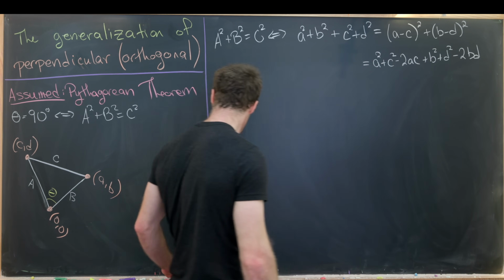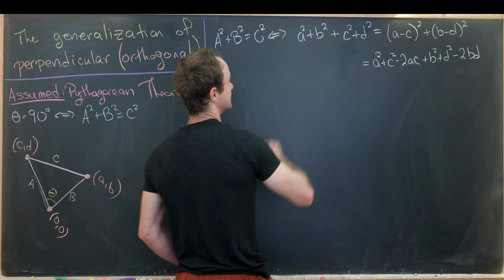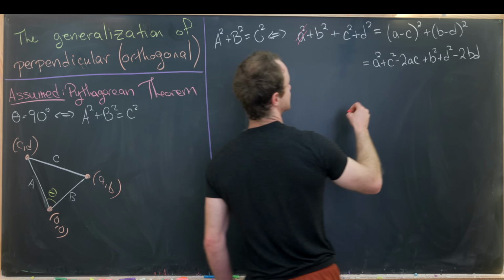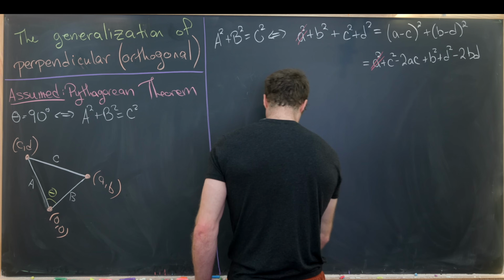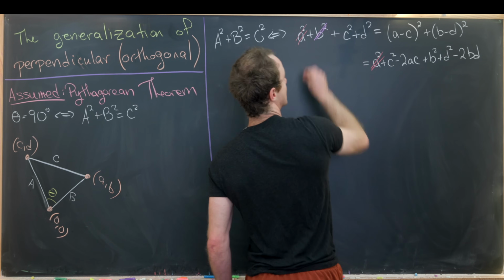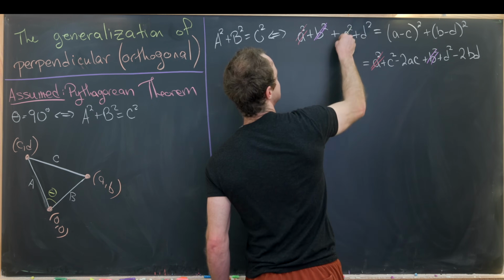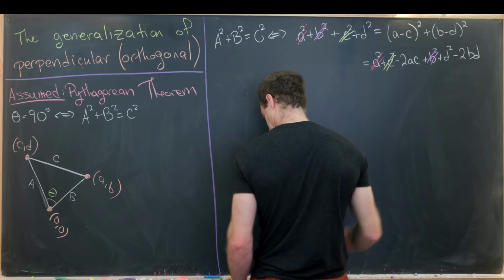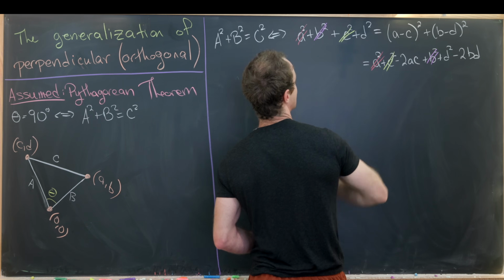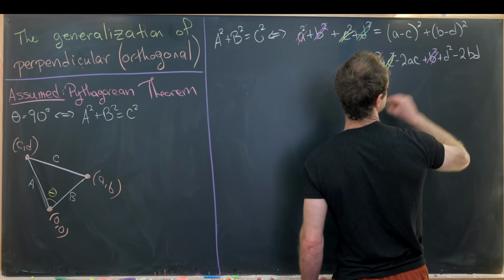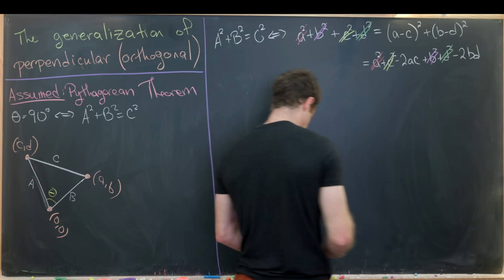And from here, we can do an obvious cancellation. So notice this A squared term will cancel this A squared term. This B squared term will cancel this B squared term. This C squared term cancels this C squared term. And then finally, this D squared term cancels this D squared term.